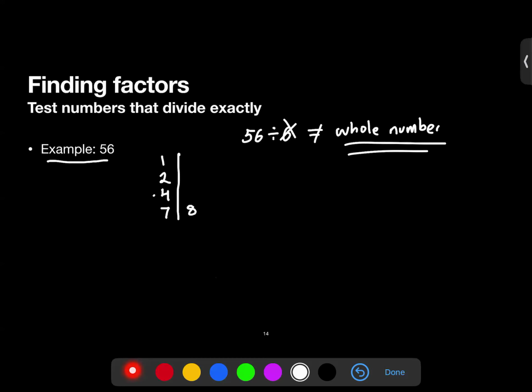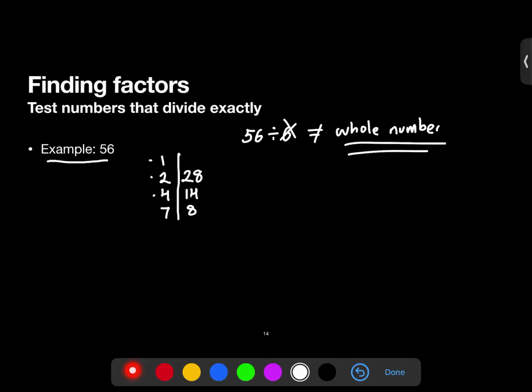Now we'll move on to 4. So what is our second factor here? Someone know? 14, correct. 4 times 14 is 56. Now we have 2. 28, correct.